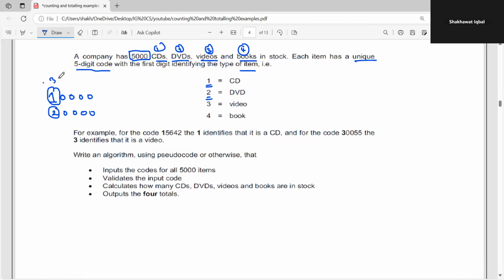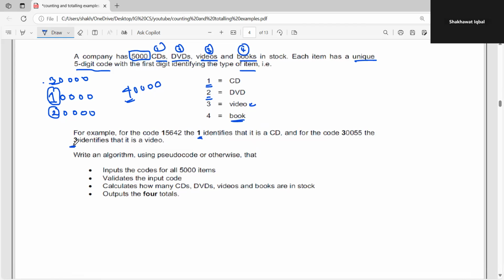If it is 30,000, then it's a video. If it is 40,000, that will be considered a book. For the code 15642, the 1 identifies that it's a CD. For the code 30055, the 3 identifies that it's a video, right?